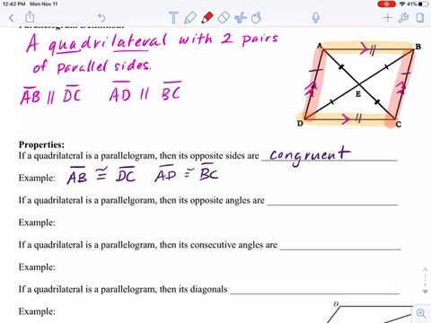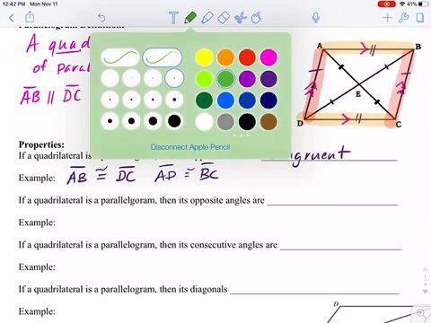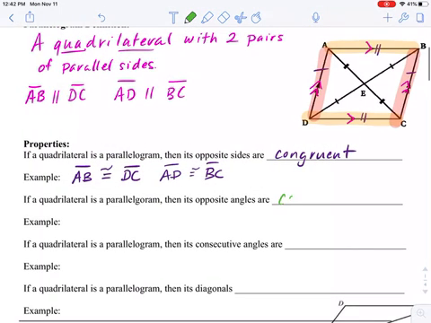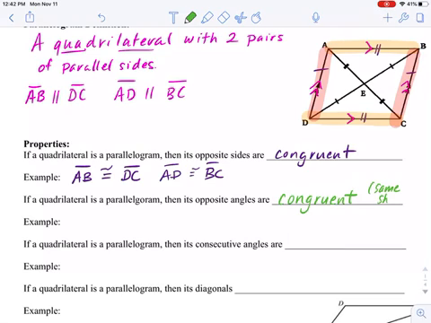Okay, next. If a quadrilateral is a parallelogram, then opposite angles are equal. Well, you actually can say two different things, but they mean basically the same thing. You can say they're congruent, meaning they have the same shape. Or you can say their measures are equal. The measurement is the number that you get when you actually measure it with a protractor.